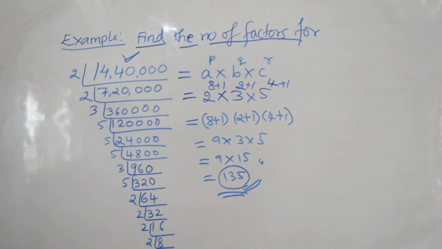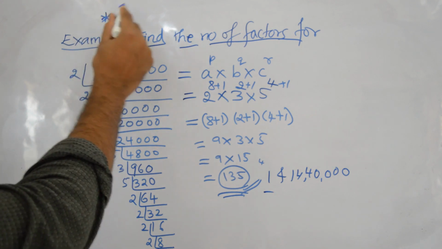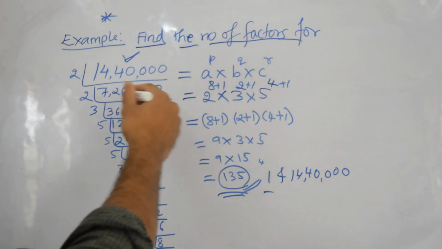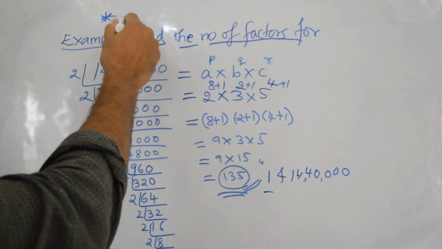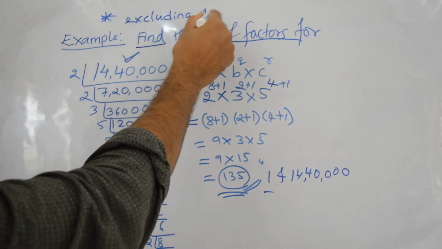Another important note is that these 135 factors include 1 and the number itself, that is 14,40,000. So this is also included in the number of factors. Suppose in competitive exams they ask to find the number of factors for 14,40,000 excluding 1 and itself.